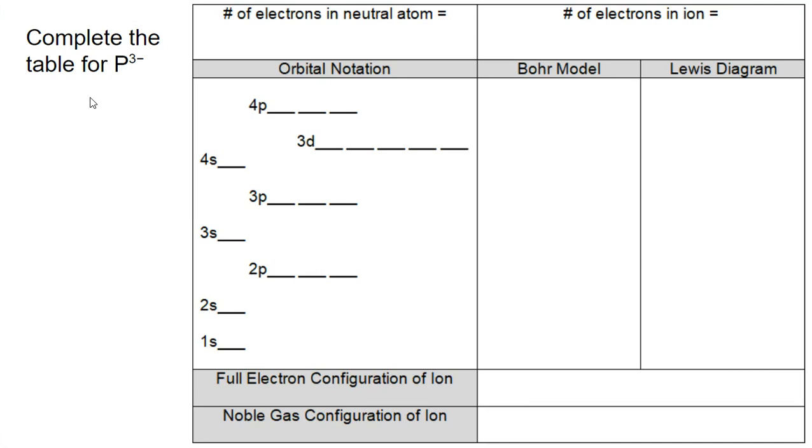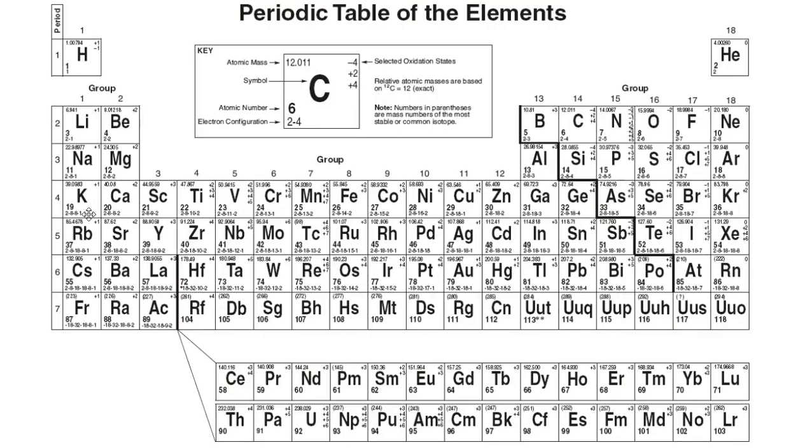Okay, so again, I think what I'm going to do is complete the table first for the neutral atom, phosphorus, and then we'll make modifications to it for the ion. So first things first, finding phosphorus on the periodic table. Phosphorus is element P, and phosphorus is located right here.